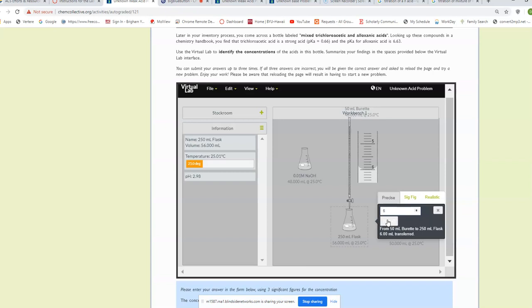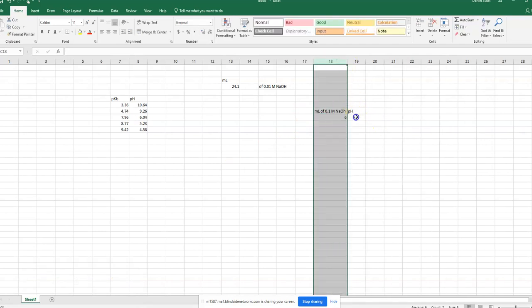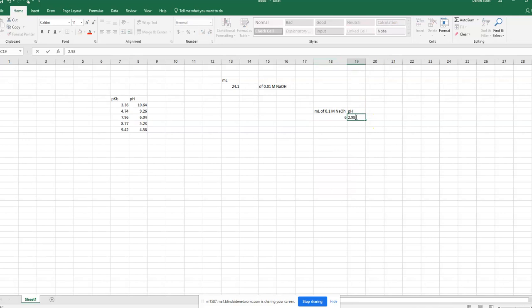Did I do too much? Oh, that's okay. You're looking at the pH right now, right? Are you watching the pH and the volume, is that what we're looking for? That's right. So I just added 6 milliliters, and the resulting pH is 2.98. So now I can put that in here. 6 milliliters, and the resulting pH was 2.98.